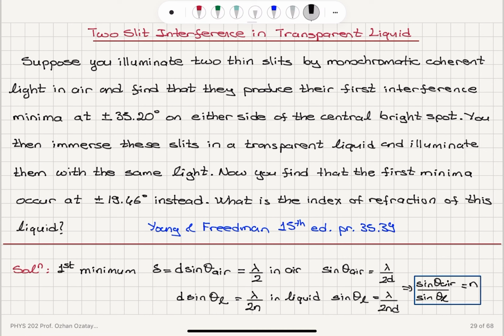So we can calculate n then to be sine of 35.2 degrees, that's in air, divided by sine of 19.46 degrees, that's in the liquid, and this gives us an index of refraction of 1.73.